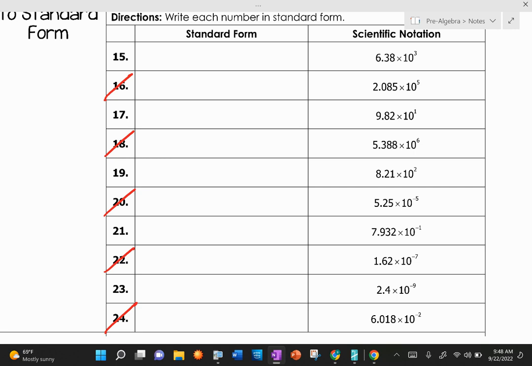So now once you move it 3 to the right, you can put that point at that new spot.